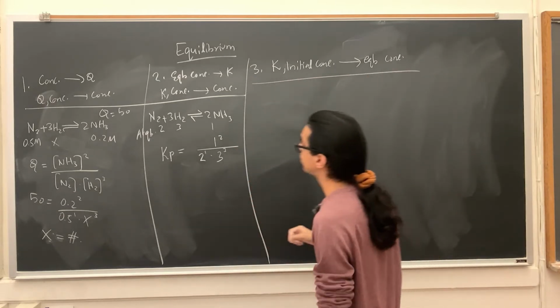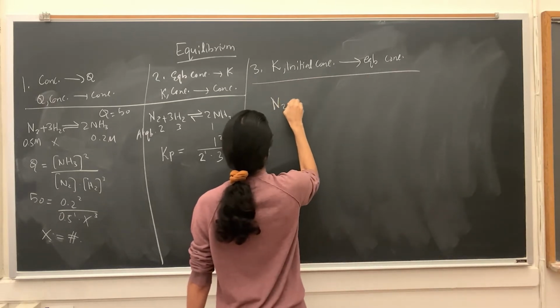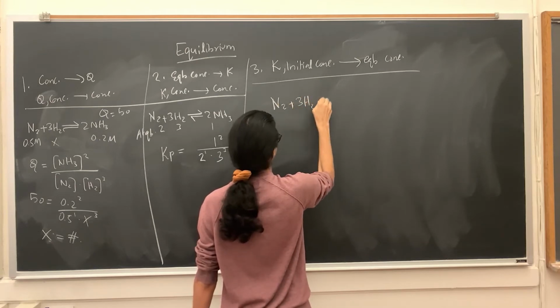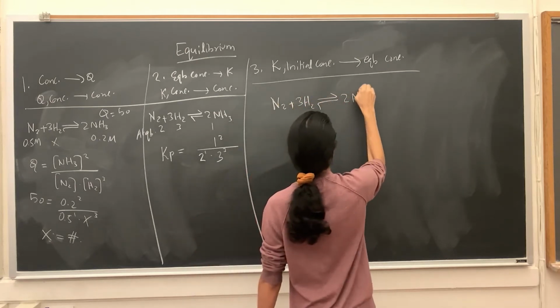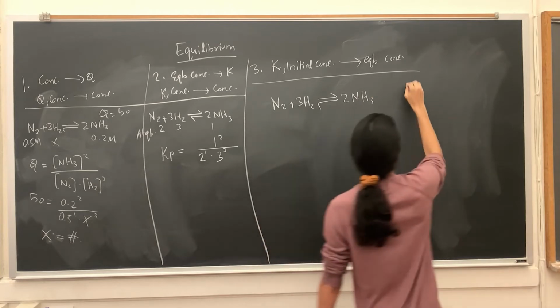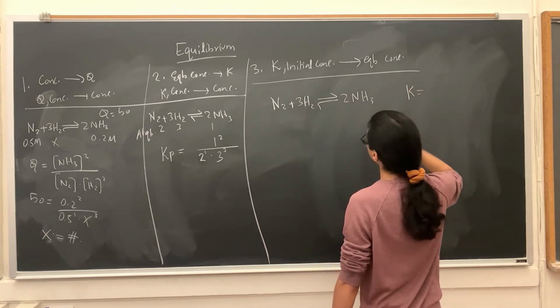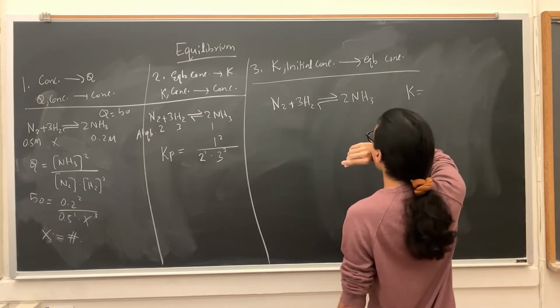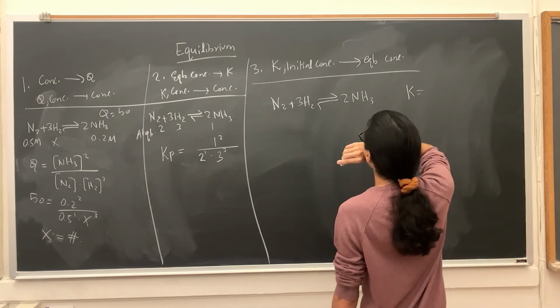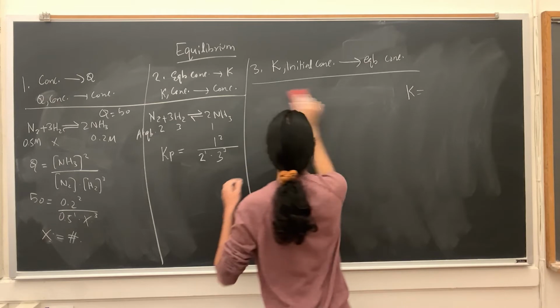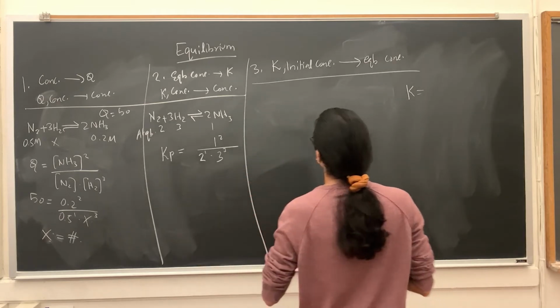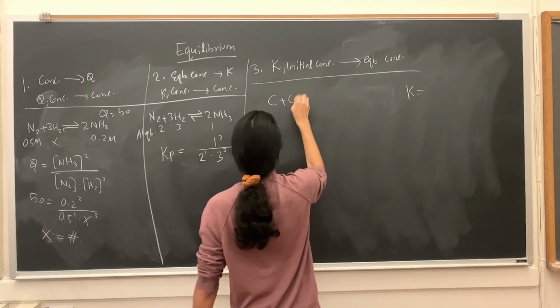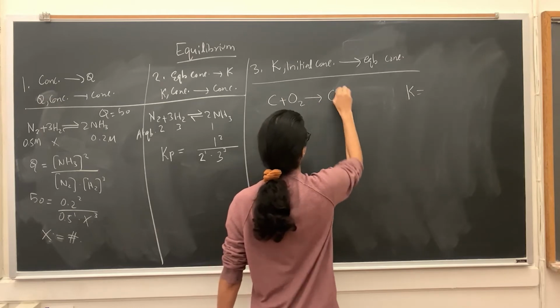All right. Let's say we have N2, H2, and 2NH3. Suppose I tell you that the K value is, well, you know what? Let me do a different question this time. Carbon plus oxygen gives carbon dioxide.